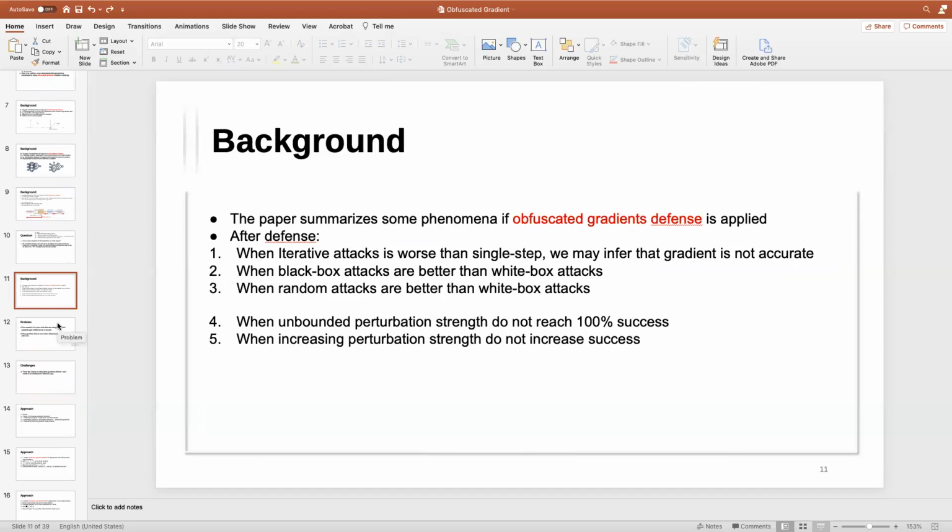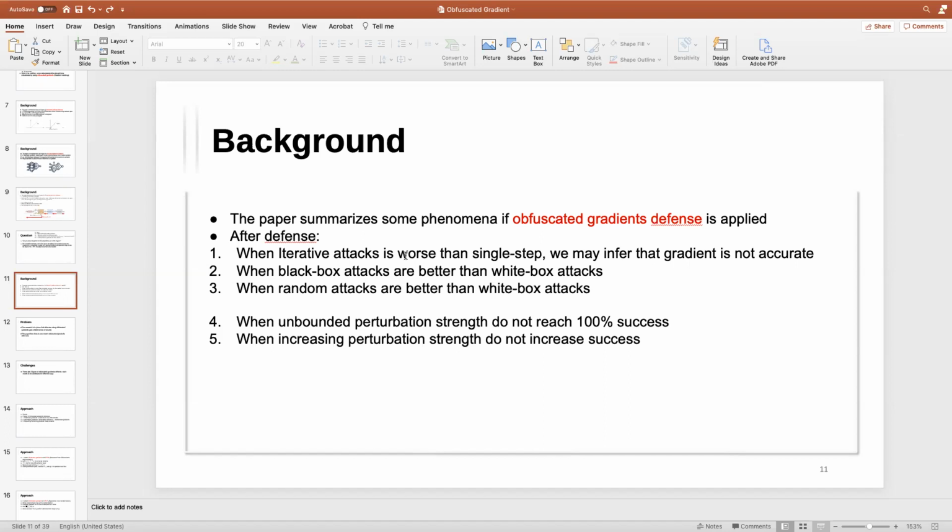And then the paper summarized some phenomena we may observe if obfuscated gradient defense is applied. First, in general, iterative attack should be strictly better than single-step attack. But when we observe iterative attack is worse, then we can infer that the gradient we compute is inaccurate.